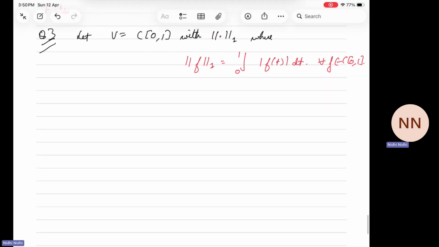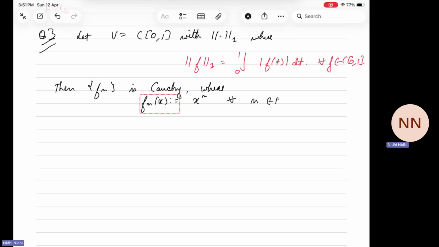Now they are saying that the sequence Fn is Cauchy, where Fn(x) is equal to x to the power n for all n and x in the closed interval 0 to 1. So they are saying the sequence of functions x to the power n is Cauchy when the norm considered is this L1 norm.